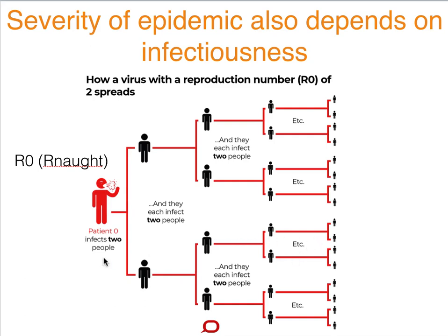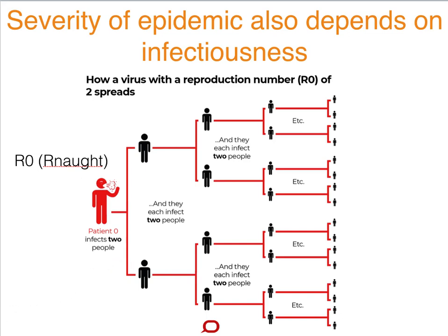If the R0 is 1, it means that the infection will propagate in the population, but it will not increase and it will also not decrease. When the R0 is smaller than 1, it means that the infection will die out eventually.